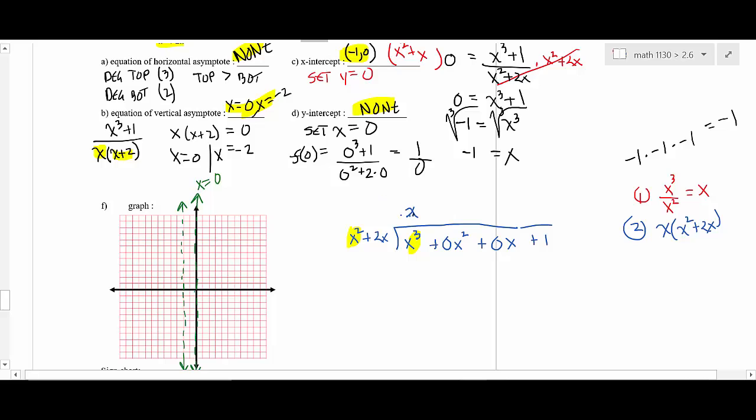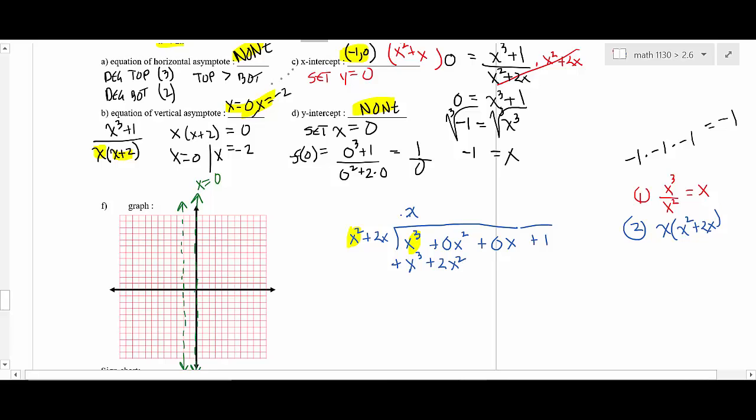Step 2, you're going to multiply x by x squared plus 2x. You do a distributive property and record that under the like term. So x times x squared is positive x to the third. x times 2x would be positive 2x squared. Now I'm good.